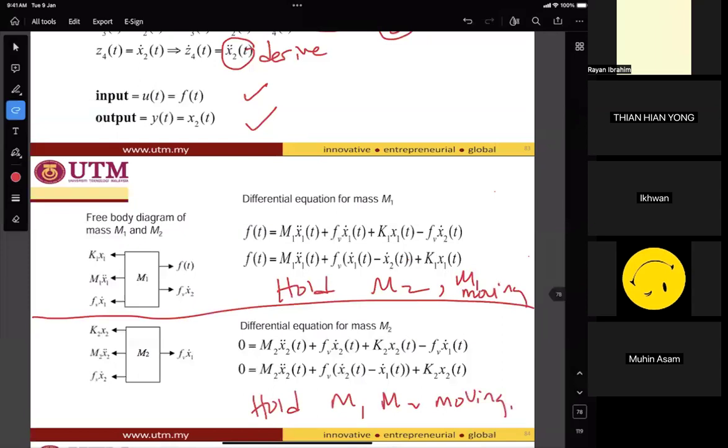We hold M2, mass number 2, not moving, and then we assume that M1 is moving.